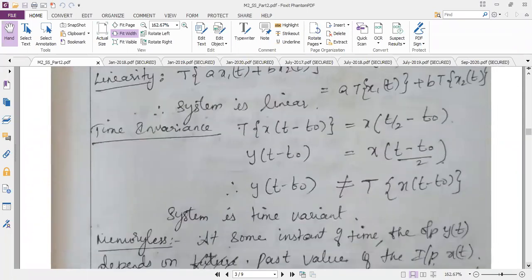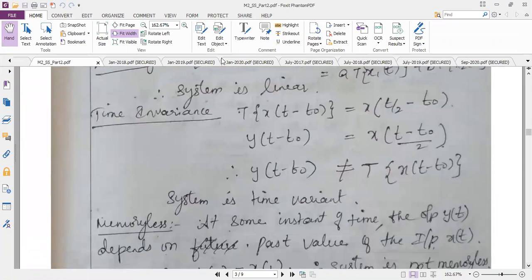Yes. Now time invariance. Time invariance, listen carefully. I am using the operator. Time invariance says that originally I will assume my input is x of t. In general, I am writing the left hand side first. So x of t.